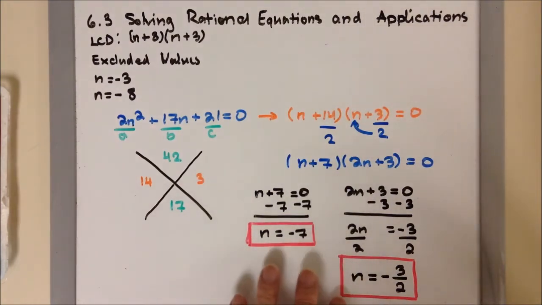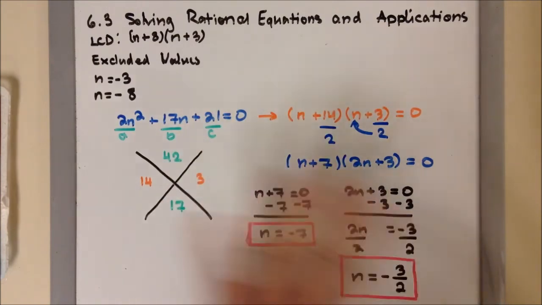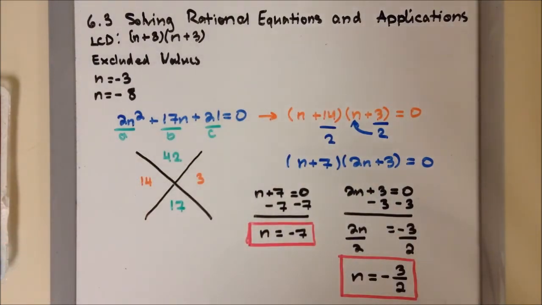Again, we check if our answers match with the excluded value. If it does, the one that matches, you cross out, you do not include in your final answer. Because if one of your answers matches with the excluded value, had you plugged it back into the original problem, it would make the denominator of one of the fractions or more become 0, and then you're going to have undefined.